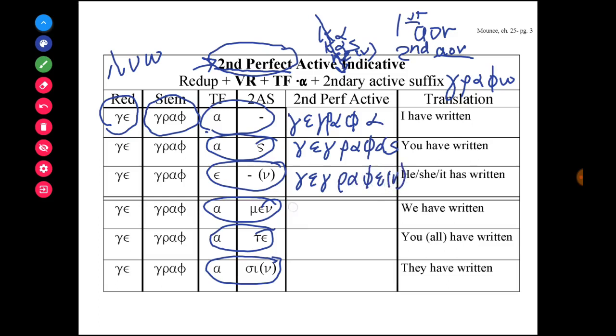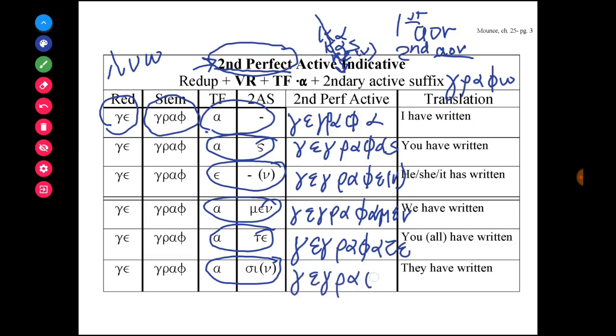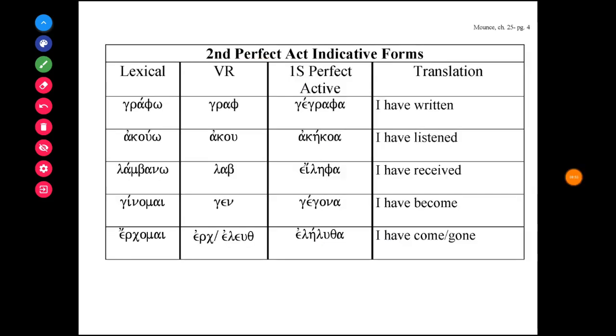We all have written, gegraphamen. You all have written, gegraphete, and then they have written, gegraphasi or sin.